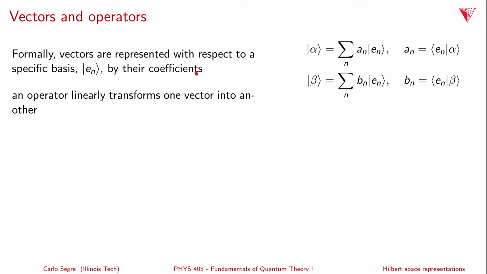So that's vectors. Operators are items that linearly transform one vector into another. So we can write that like this.